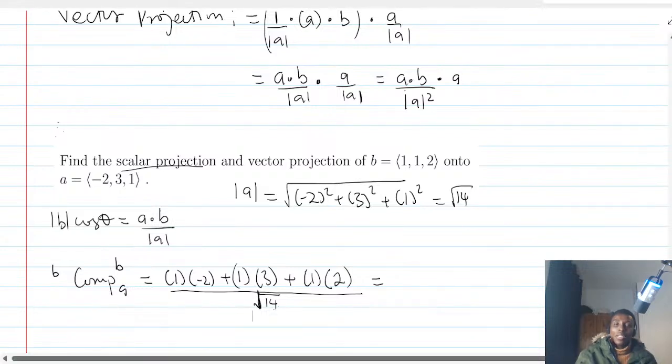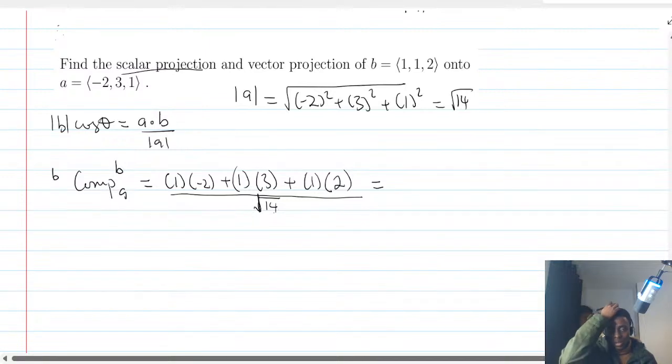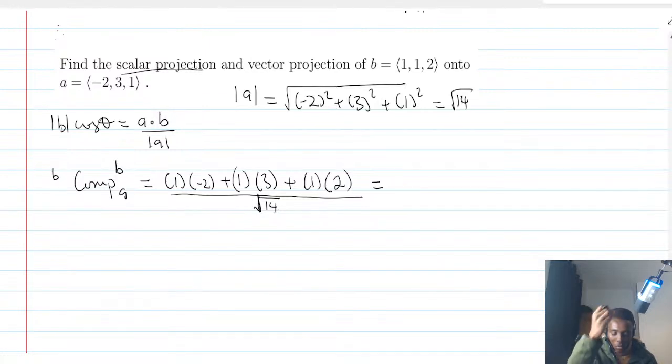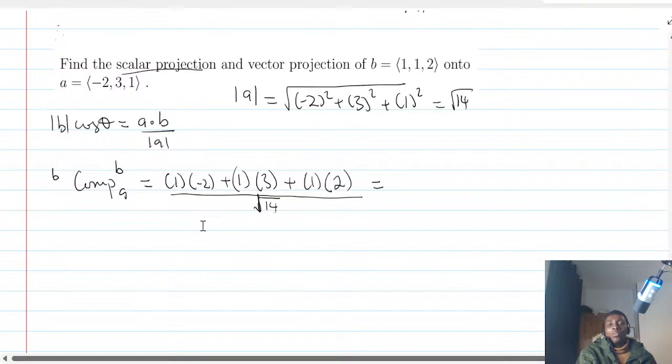Let's look at the vector projection. What is it going to be?